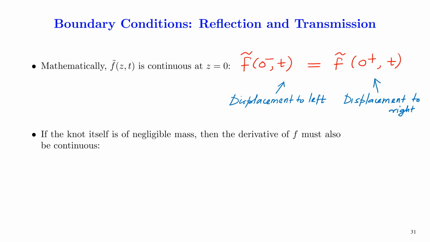And if the knot itself is of negligible mass, then the derivative of f must also be continuous at z equal to 0. This can be mathematically represented as partial of f over partial of z at 0 minus equal to partial of f over partial of z at 0 plus.